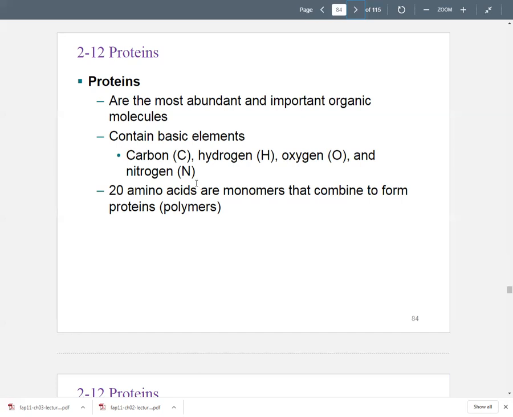Just like for carbohydrates the monomers are monosaccharides, the monomers for proteins are amino acids, and there's 20 of them. You're going to have different combinations of those that form your different proteins. Those are your polymers.